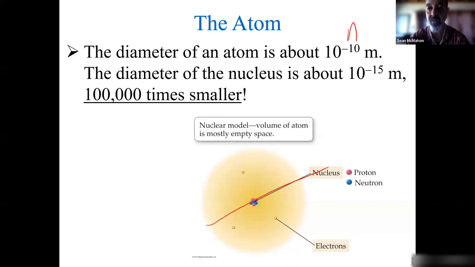But this is referred to as an angstrom. And when we talk about bond lengths and angles, we usually use the angstrom to do it. But the diameter of a nucleus, that dense little nucleus, 10 to the -15, which is femto, that's 100,000 times smaller. Okay.